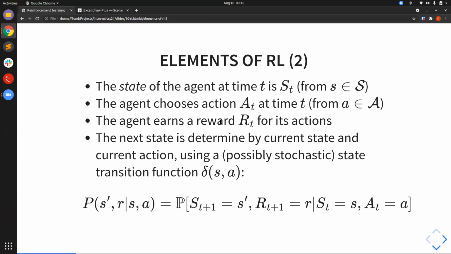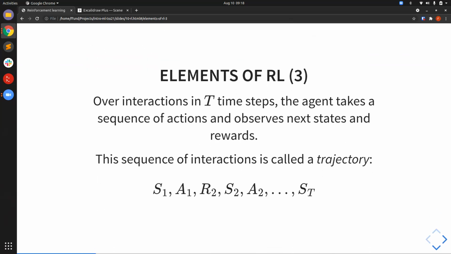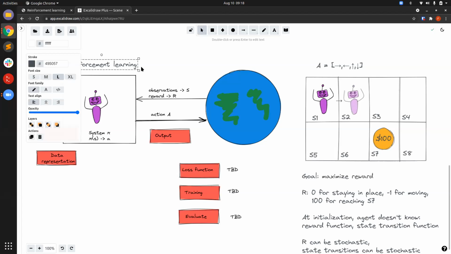Okay. Now, over some time steps, let's say t time steps, the agent will take some sequence of actions and observe states and rewards. So it might observe a whole trajectory of interactions. You might say, I was in state 0, took action A0, got reward 0. Then I was in, you know what, I'm going to renumber these, because I'm using S number as time steps.